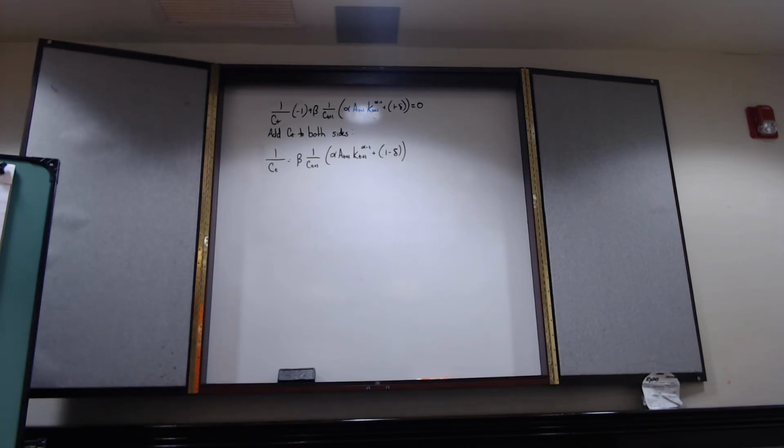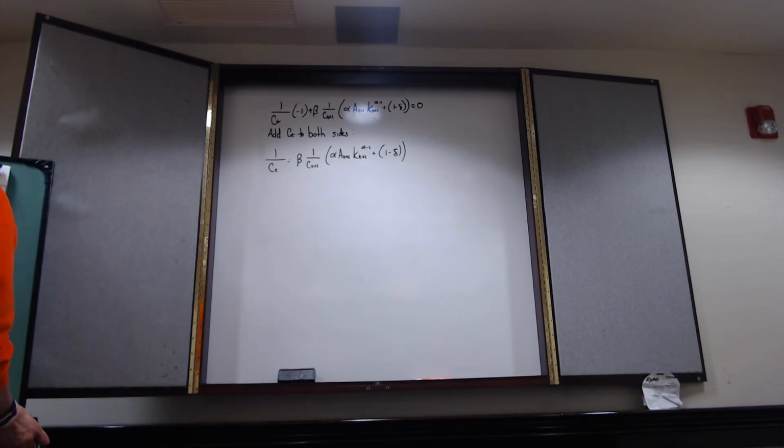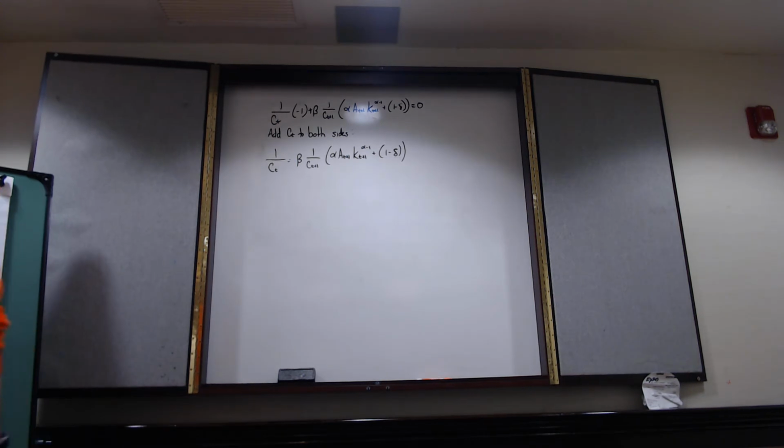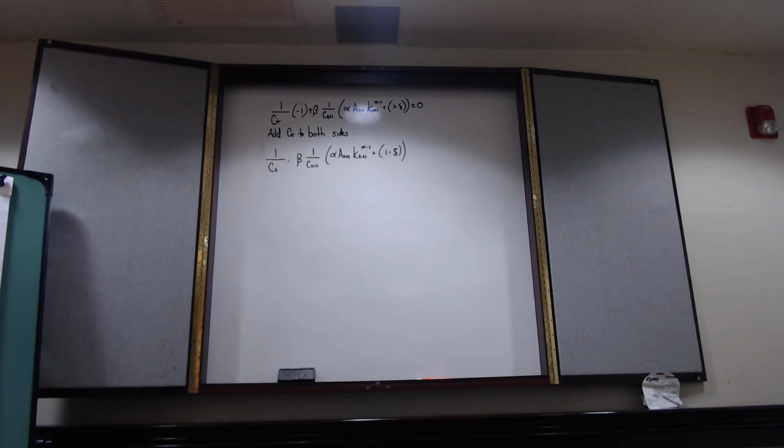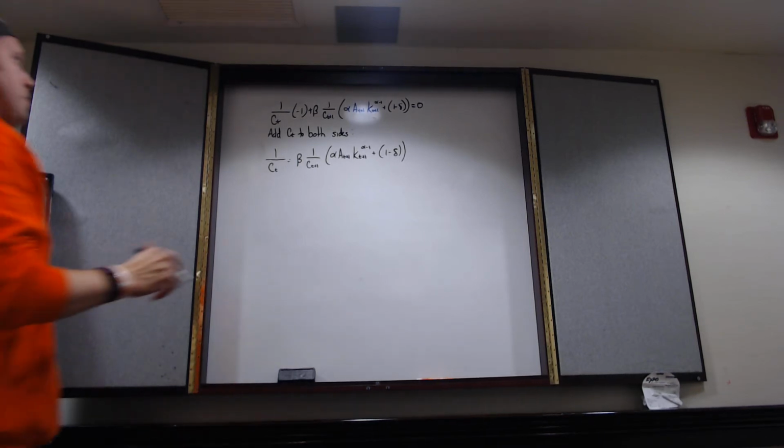1 over CT equals beta times 1 over CT plus 1 times alpha AT plus 1 times KT plus 1 to the alpha minus 1 plus 1 minus delta. All right, and this is our Euler equation.